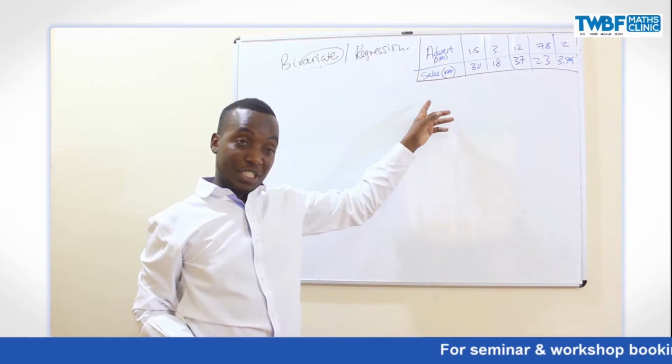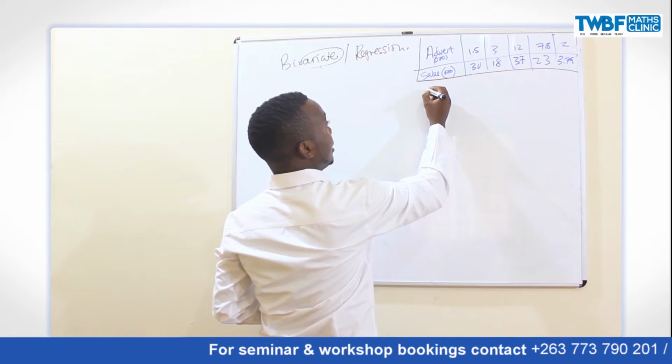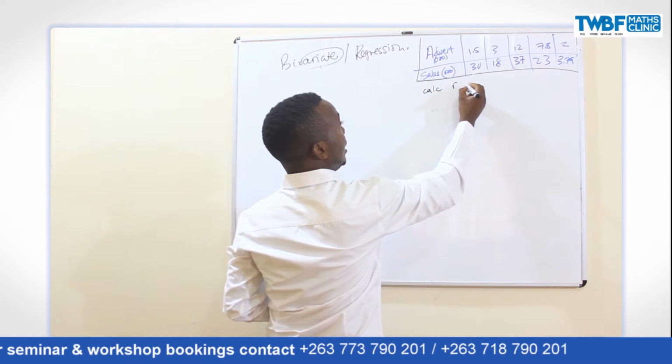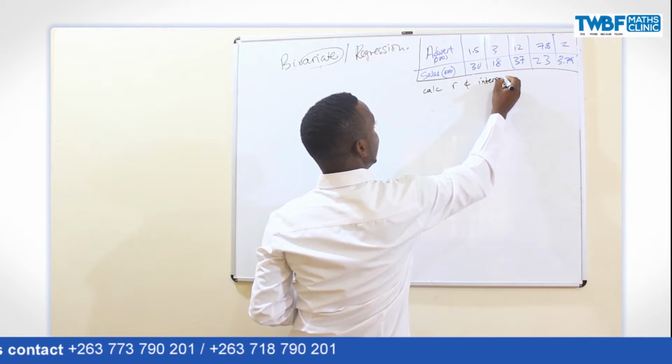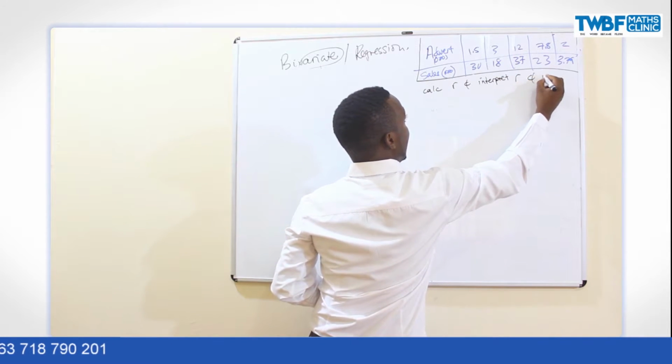question now, on this table, the question is: calculate R and interpret R and R squared.